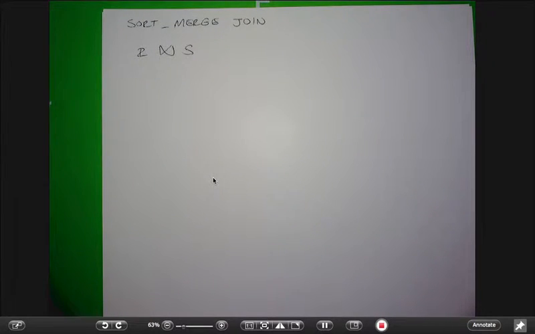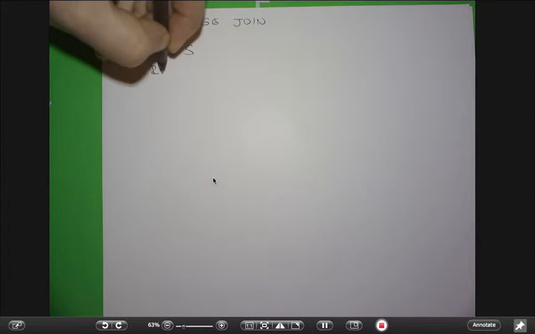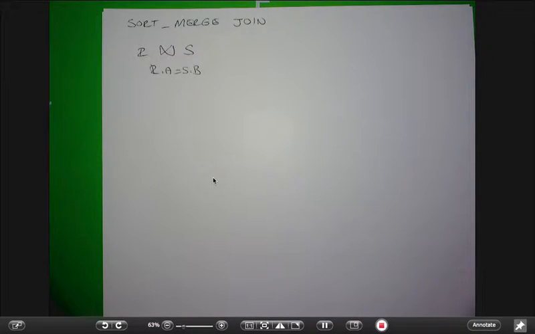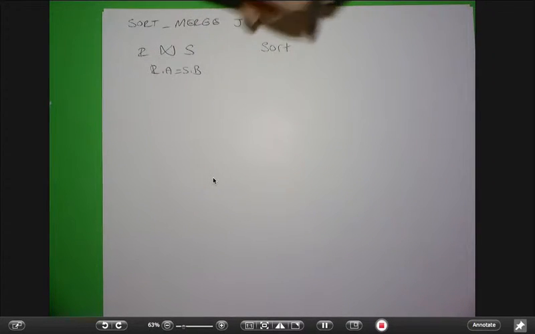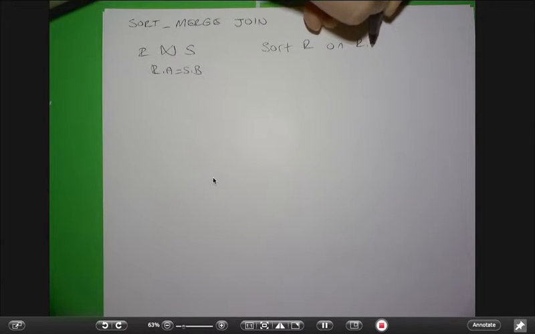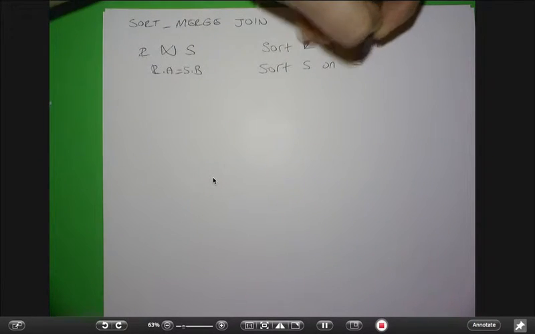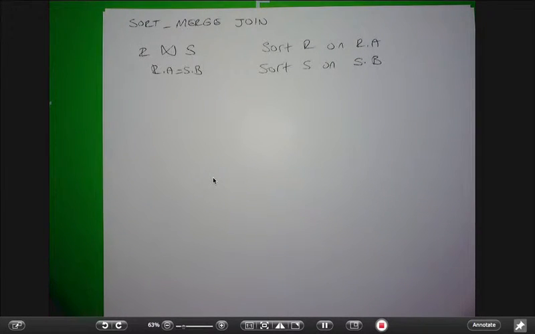So let's say I have r dot a is equal to s dot b. So sort r on r dot a, sort s on s dot b. Now, if they are sorted, all you have to do is just read them in one stream and do the join.